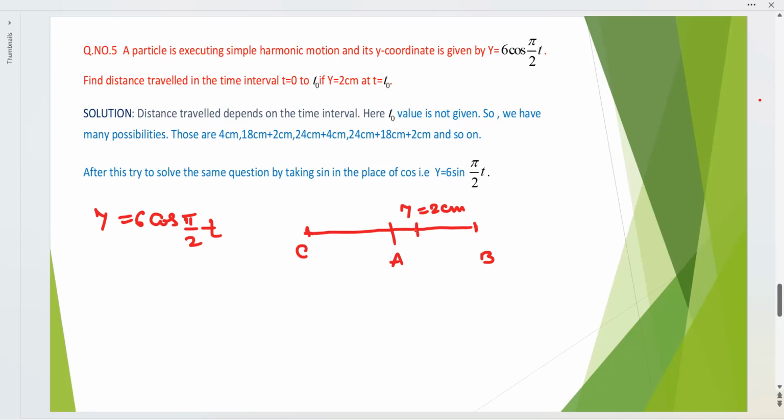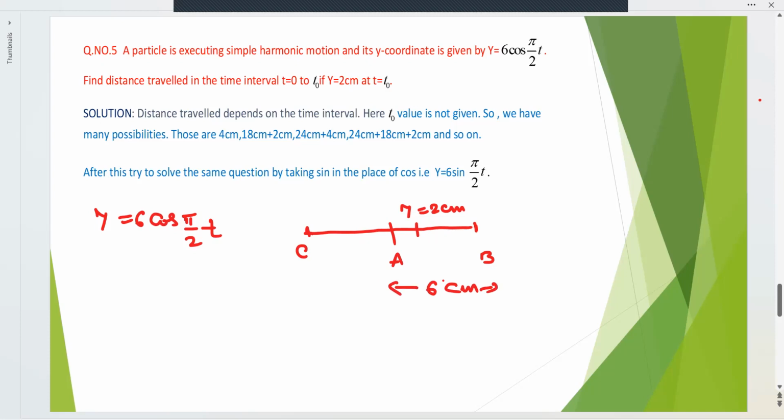One possibility, B to A. The distance from A to B is 6, because that is the amplitude, equal to 6 centimeter.